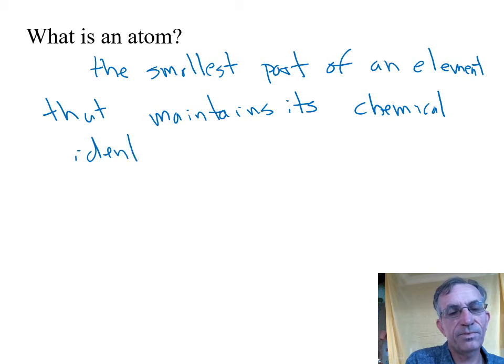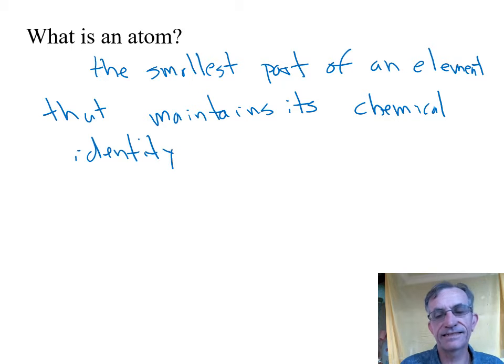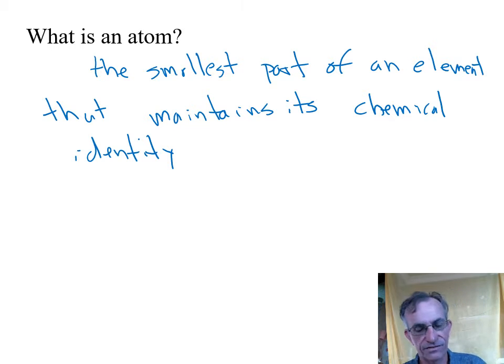What I mean by that is it's the smallest piece of gold that's still gold, that looks like gold, that acts like gold, that has the same properties as gold. It's the smallest piece of, say, carbon, that looks like carbon, that acts like carbon, that still has all the properties of carbon.